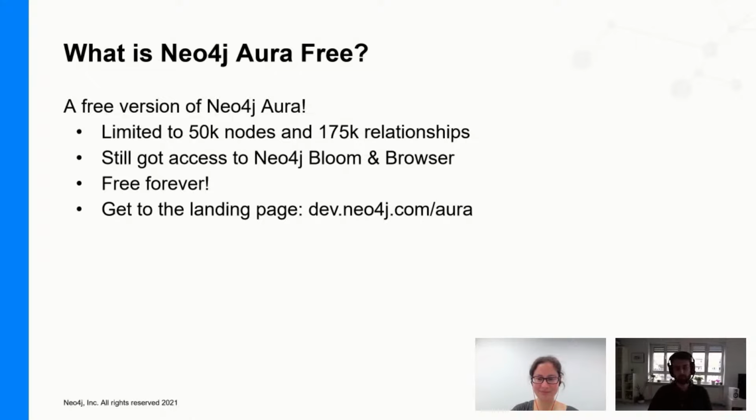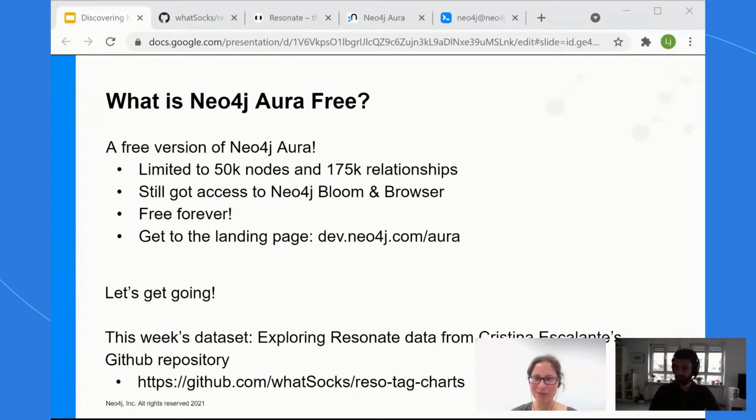You get access to Neo4j Bloom and Browser. It's going to be free forever, so it's not going to close. Compare it to Sandbox, which closes after 7 days maximum. This will stay free forever and be kept with you forever. All you need to do is go on that landing page I just mentioned, and then you're ready to go.